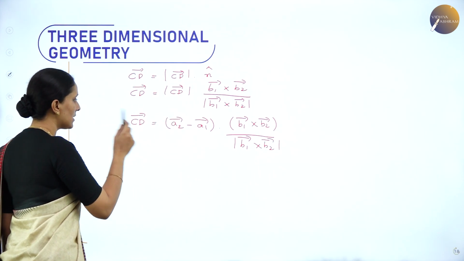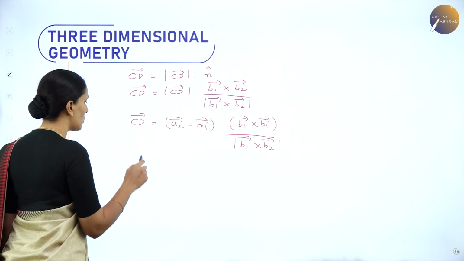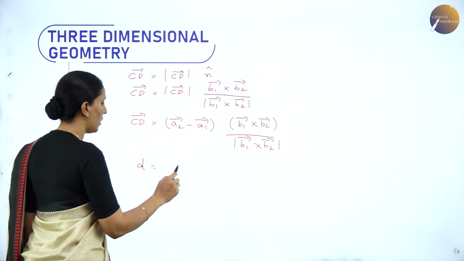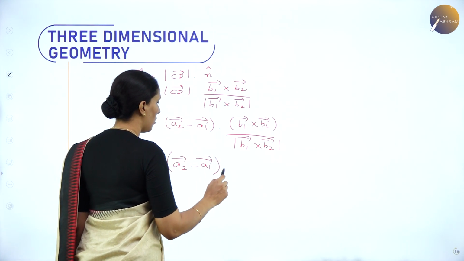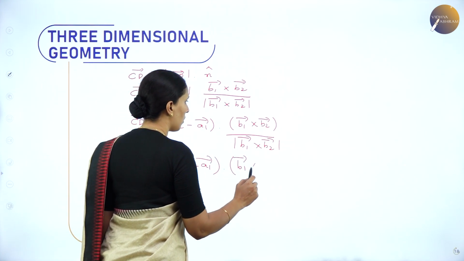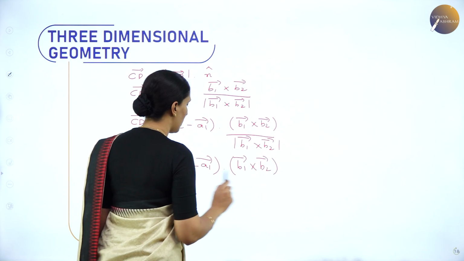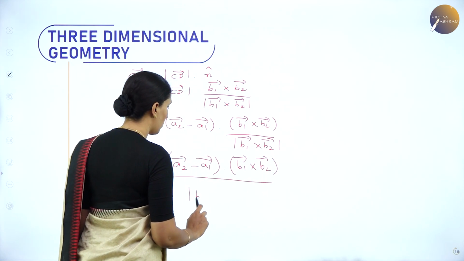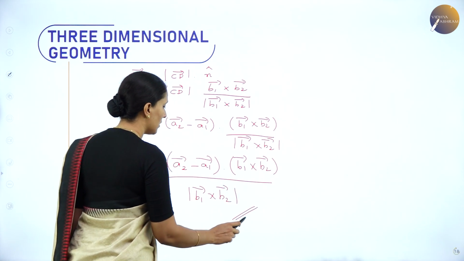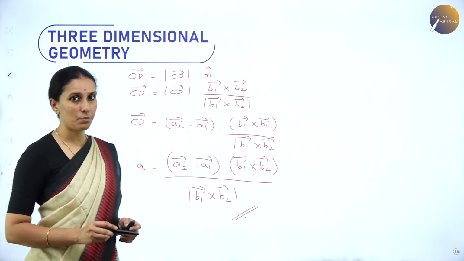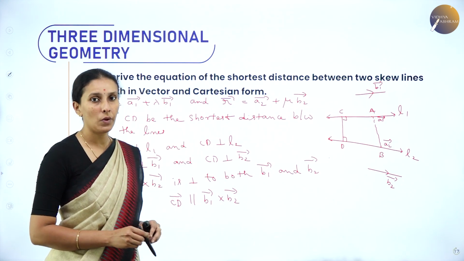If we consider this distance as D, then D equals (A2 minus A1) dot (B1 cross B2) divided by magnitude of B1 cross B2. So this is the shortest distance between the given two skew lines.